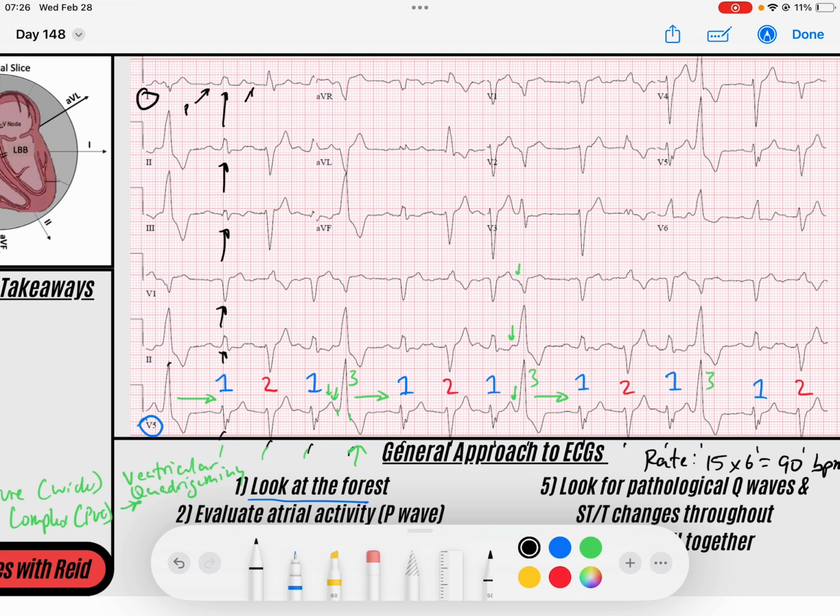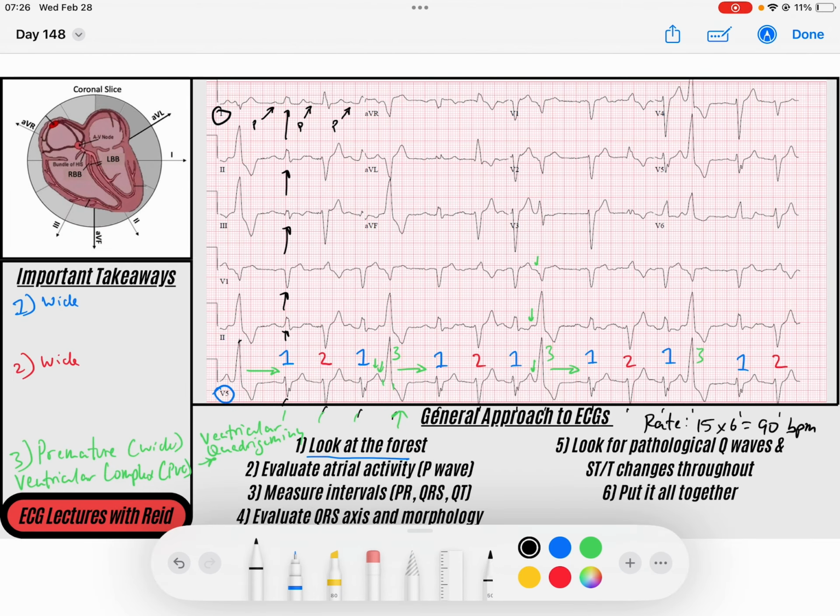I have a P wave there, and a P wave there. Those P waves are upright in lead 1, and they're upright in aVF. So we do have sinus P waves that are coming from the atria, going down to the left, captured by the AV node.